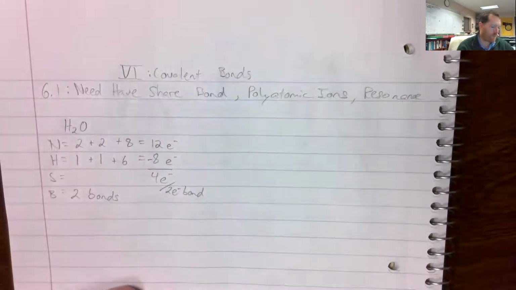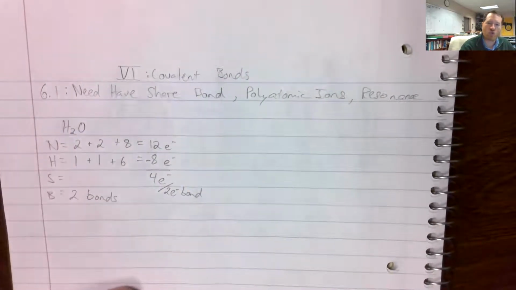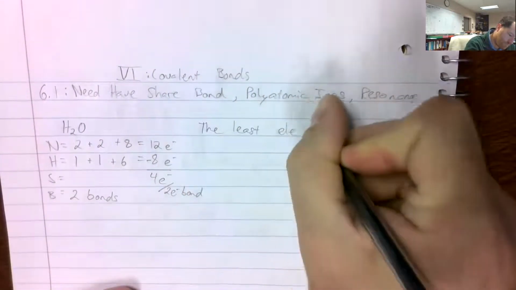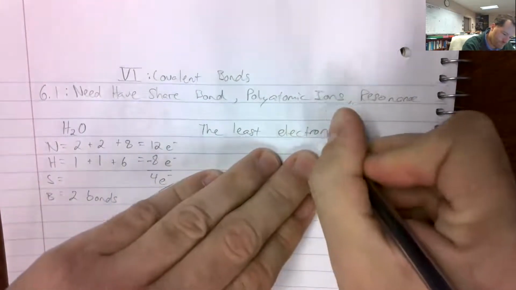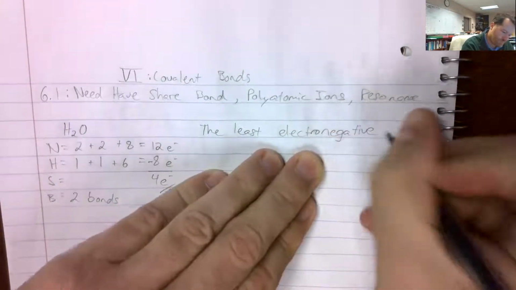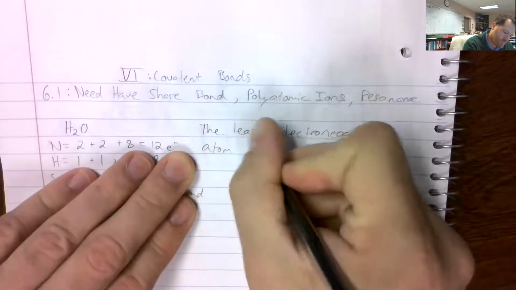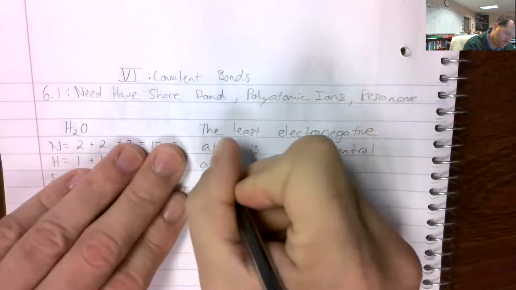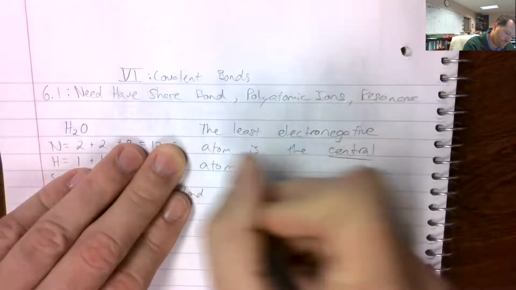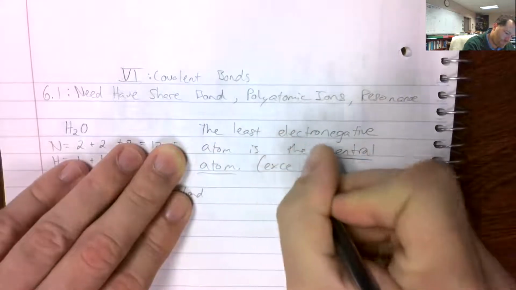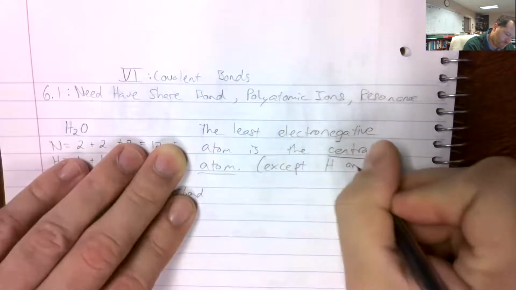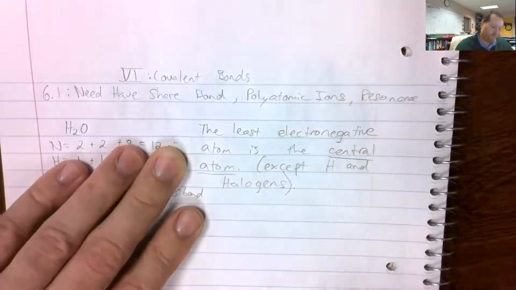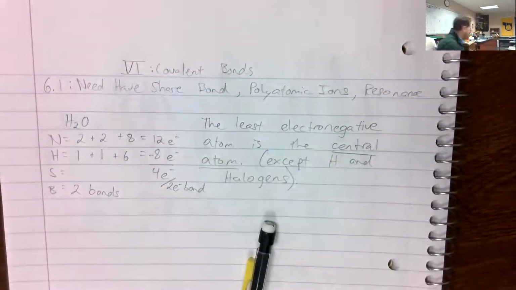All right. Next up, we need to choose a central atom. The least electronegative atom.